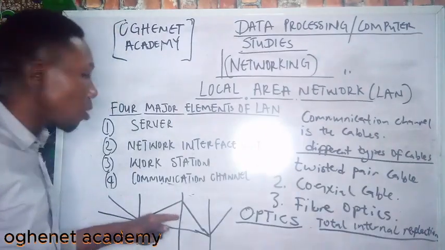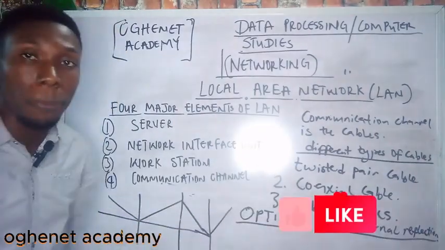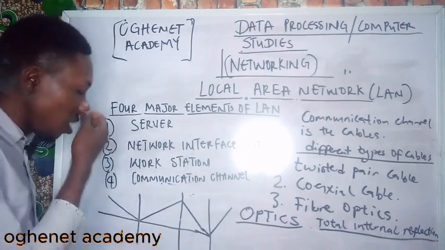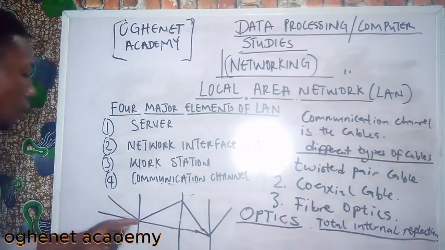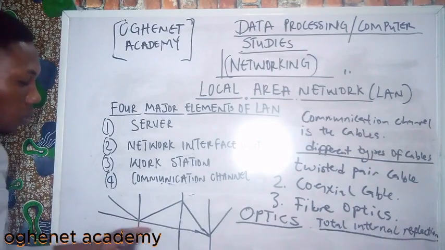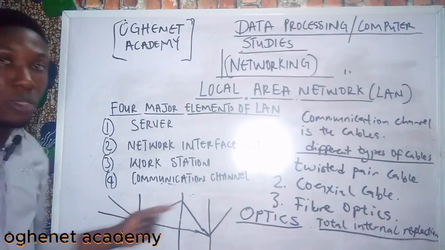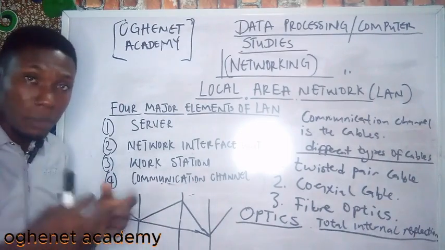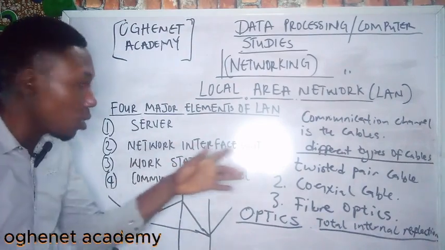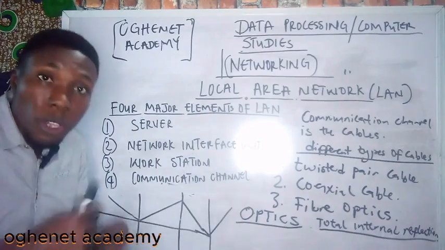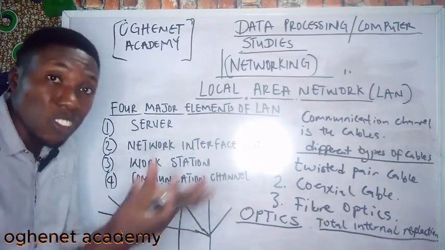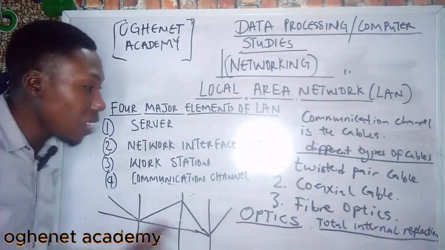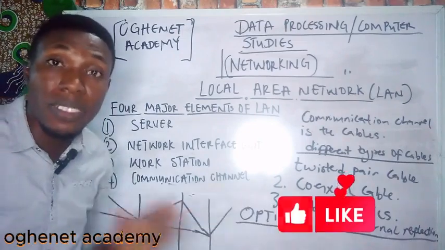Okay, this is actually the principle with which fiber optics cable transmits light from one place to another. So you discover that instead of the data being lost as it's being refracted, all of the data will be reflected. And those data, remember I told you when we were dealing with the network interface unit, have to be converted to signals. Those signals, their word is what? Is used as light when it comes to fiber optics cable.